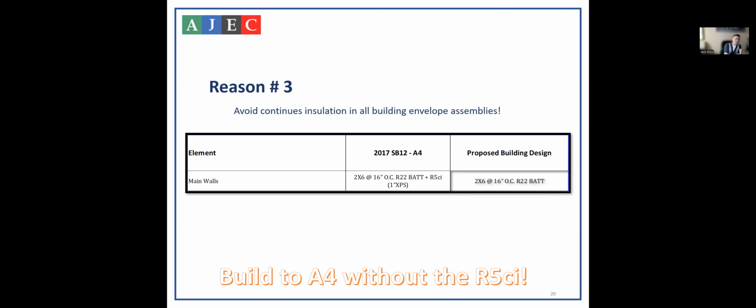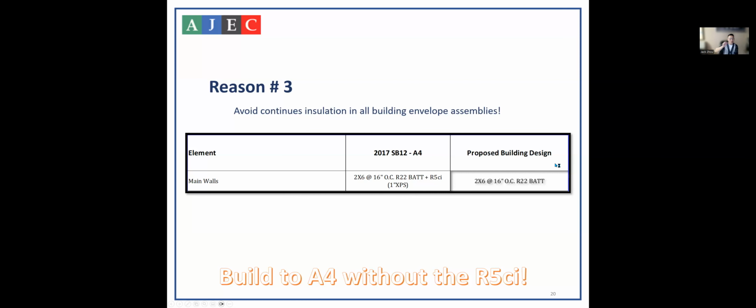The only exception is if you do energy modeling. If you do energy modeling, you can actually not do continuous insulation. For example, if I want to build to A4, according to A4, I need to do 2x6 at 16 inch on center, R22 batt, plus an R5 continuous insulation.